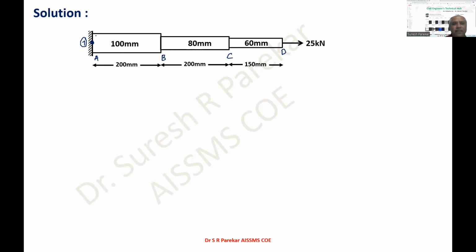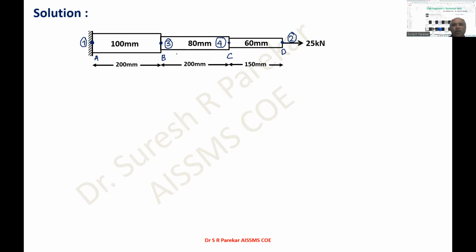Now first we will give nodes. So we have one and the other end we have two. Always it is preferable to first give primary nodes and then go for secondary. Then here your diameter is changing, so it will be given third. Here also diameter is changing, so give it as fourth.